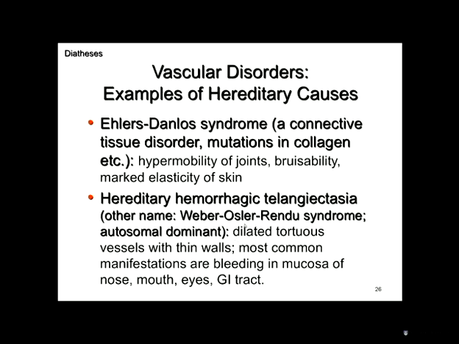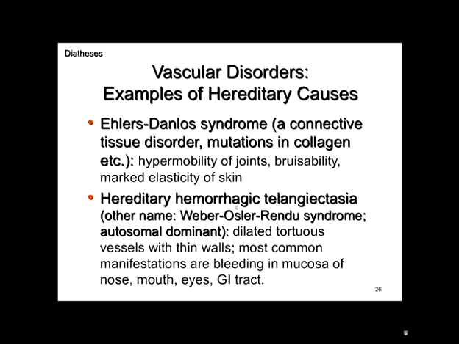It's important for us to know it because dilated tortuous vessels are not limited to soft tissues. They're also in the brain. And in fact, the problem with these vessels in the brain is such that when we do invasive dental procedures, we actually have to pre-medicate these patients because they are predisposed to brain abscess formation. So that's why you need to know this condition.